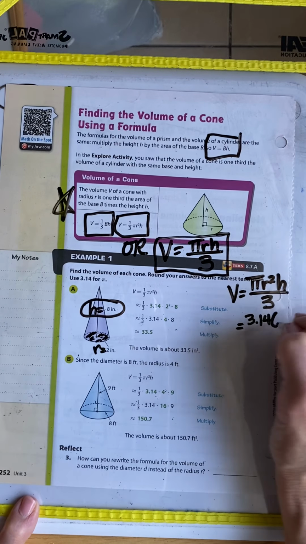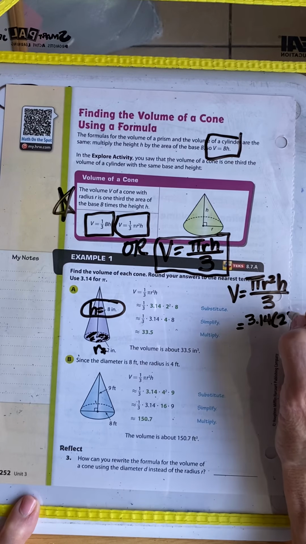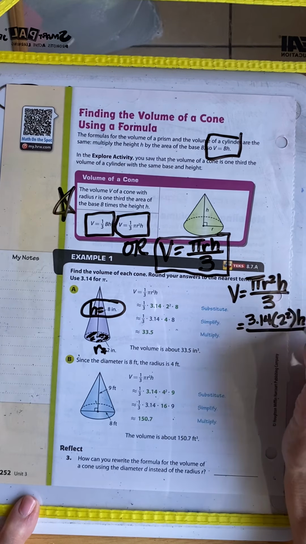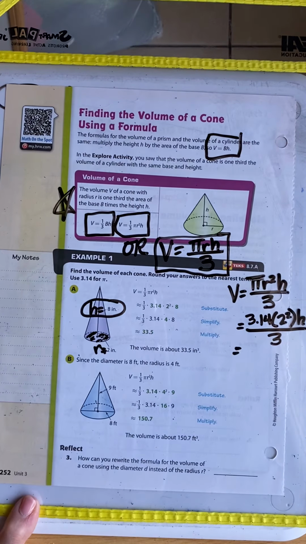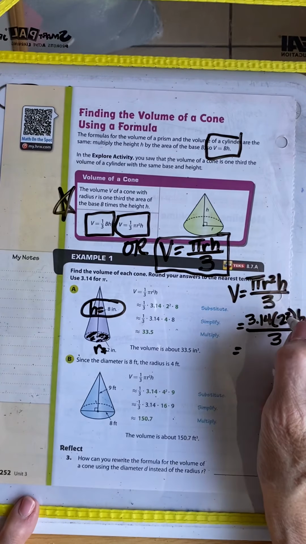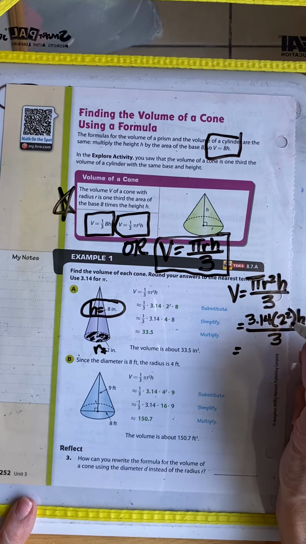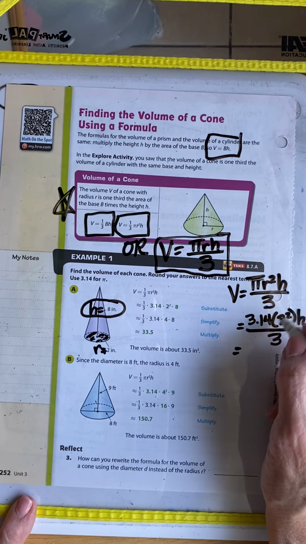3.14 times 2, your radius is 2 squared, times height. Don't forget, divide by 3. So that's 4, and that's 12, and that's 64. So this is 4.